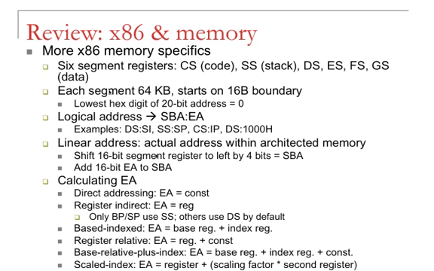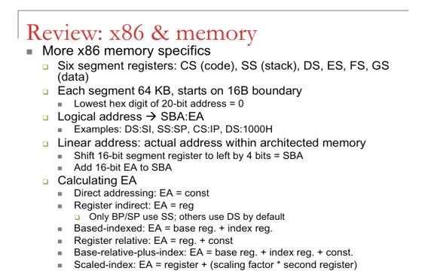Linear address. Linear address is the actual address used within architected memory. In real mode, you can simply remember that this linear address is the physical address needed for the microprocessor to access the memory chip or chips. The way we get this linear address is by a 2-step calculation.